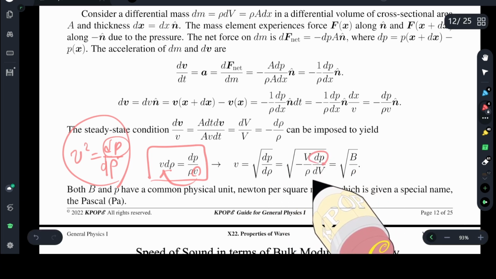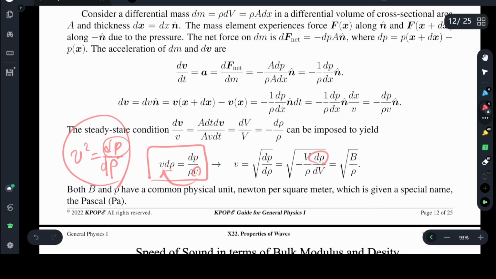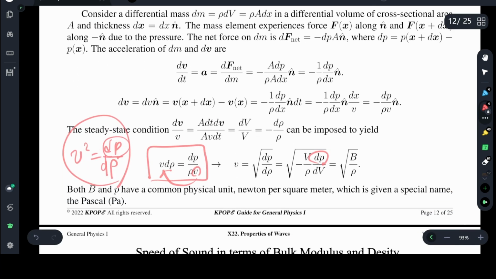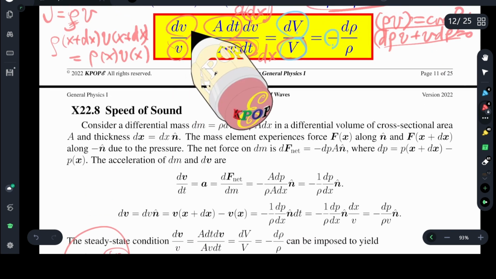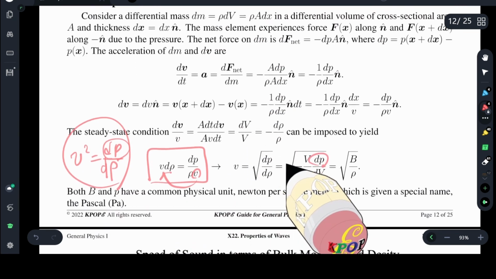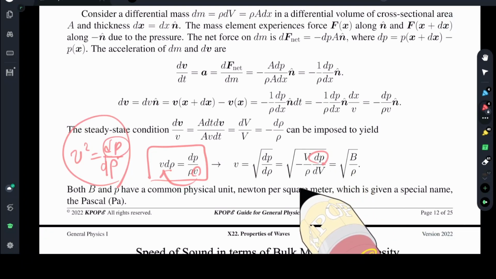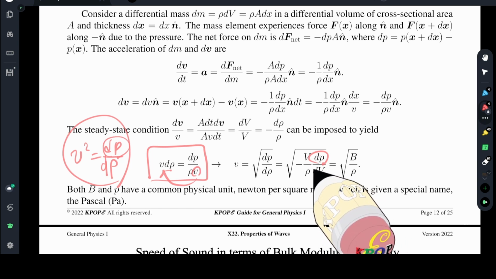We have inserted this relation, which simplifies to this form. And actually, we find the ratio.